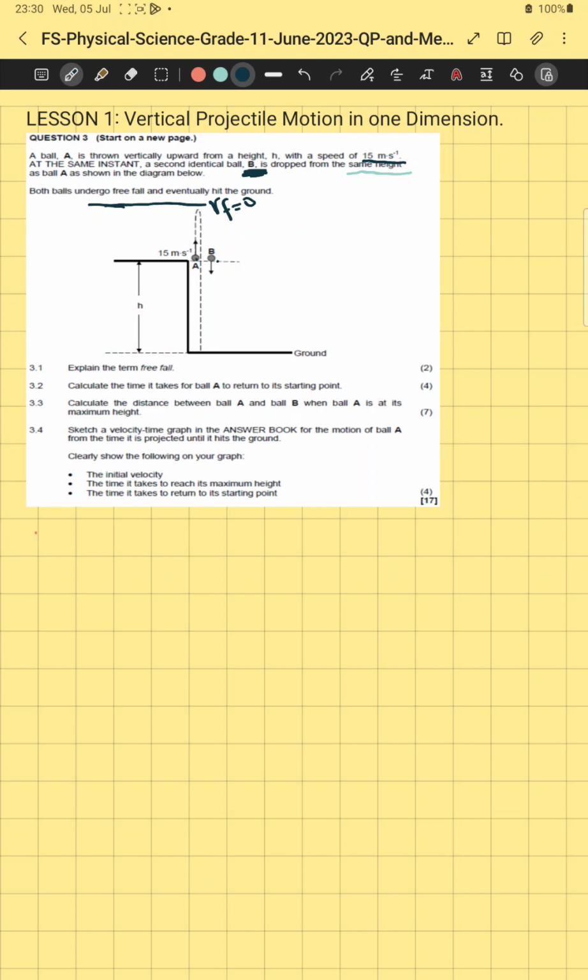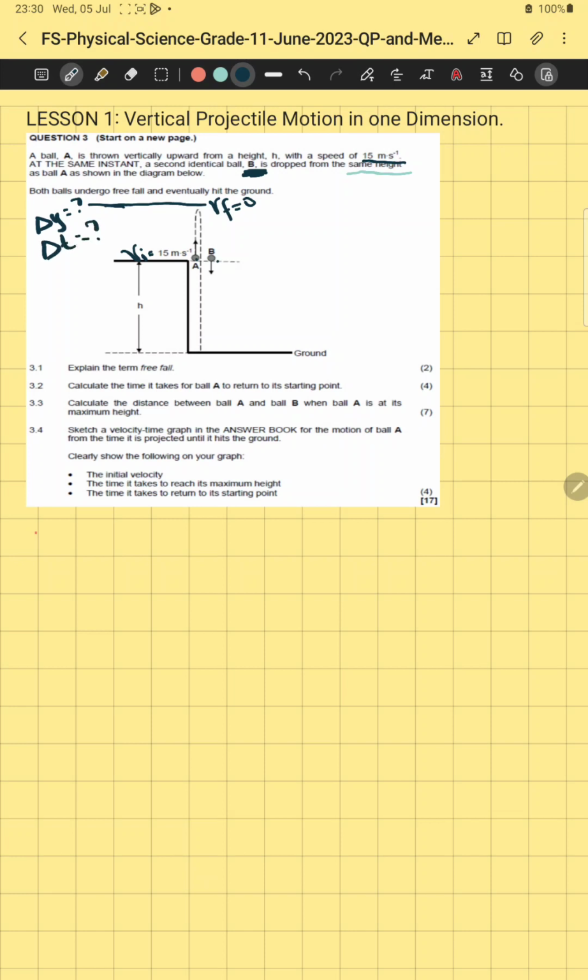Now, what else do we know about ball A? We know the initial velocity, which is 15. We know the final velocity, but we do not know the height, so delta y we don't know, and also the time delta t we don't know.